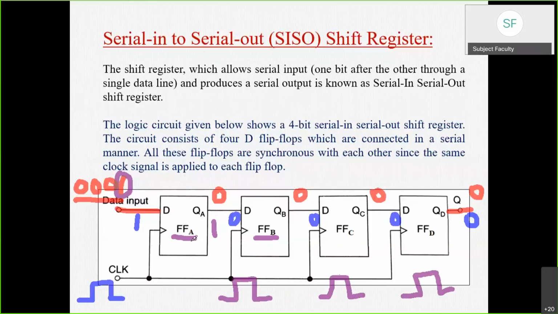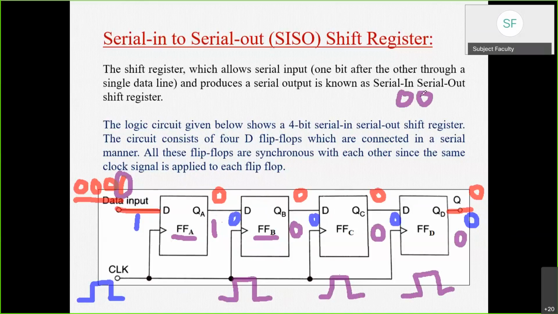So flip-flop A, since its input was 1, output becomes 1. For flip-flop B, initially its input was 0, so output will become 0. For flip-flop C, again the same, 0 and 0. So initially your sequence was 0 0 0 0.